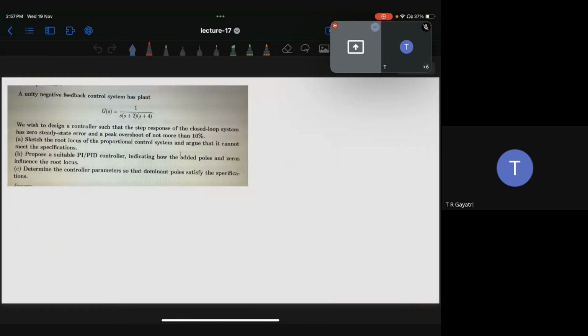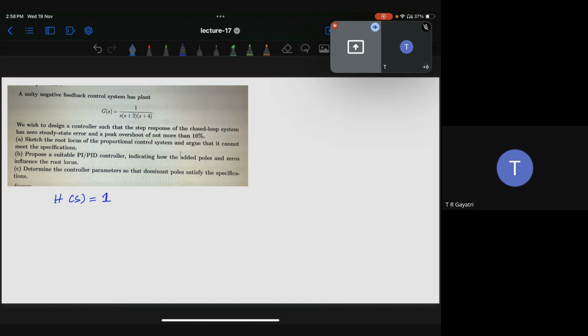Okay, so now let us start with the controller design using this root locus technique. I'll read this question first. In the given question, a unity feedback system is given to us.